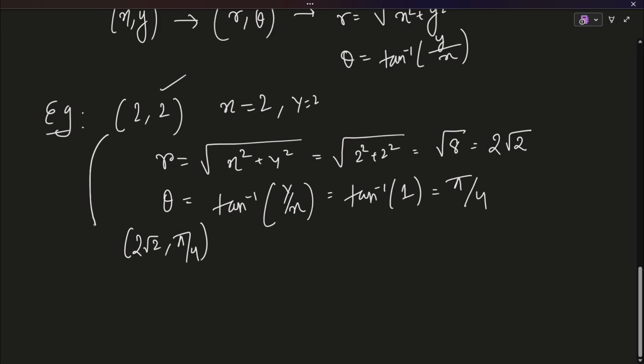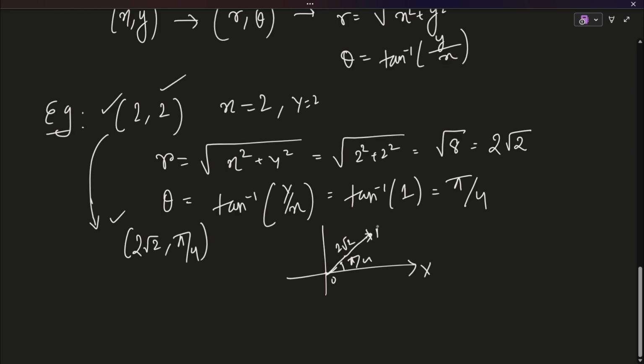So these are the same points. One is in Cartesian coordinates and one is in polar coordinates. And the intuition behind polar coordinates is you start from the origin and first fix an angle of pi by 4 with the positive x-axis, and then you go a distance along that direction equal to r, which is 2 root 2, the length of this line up to this point.